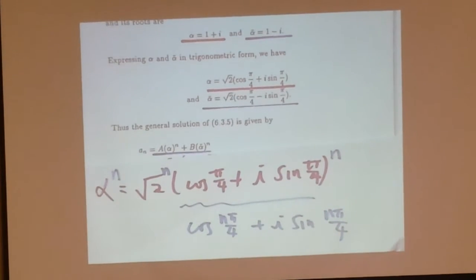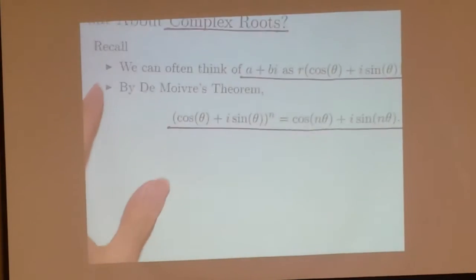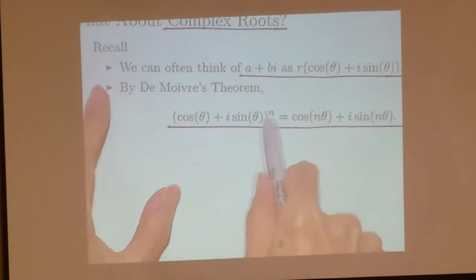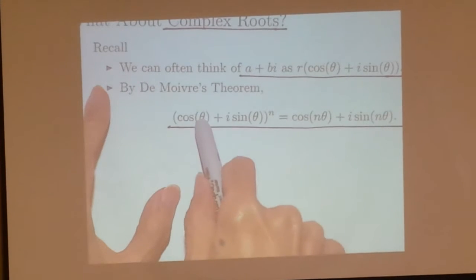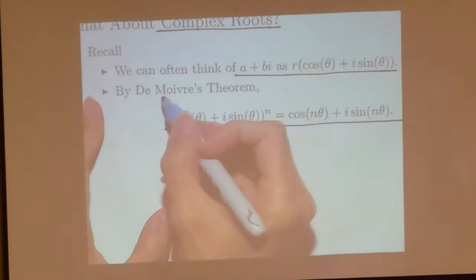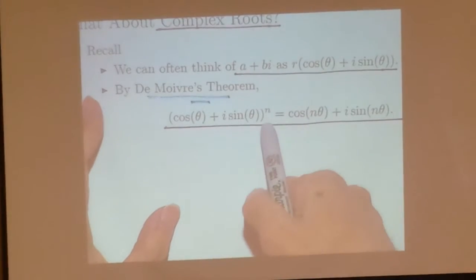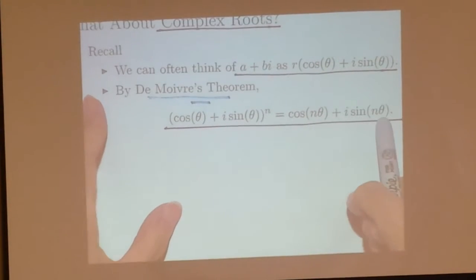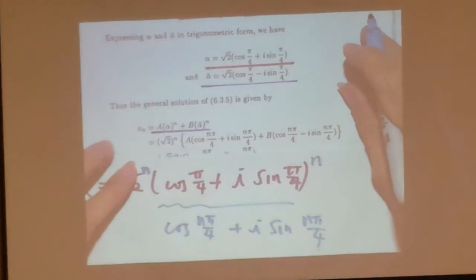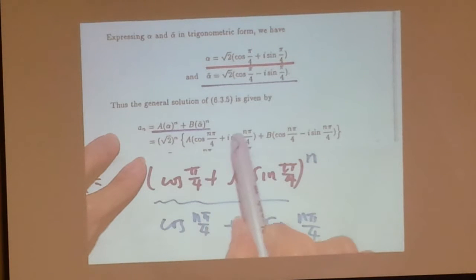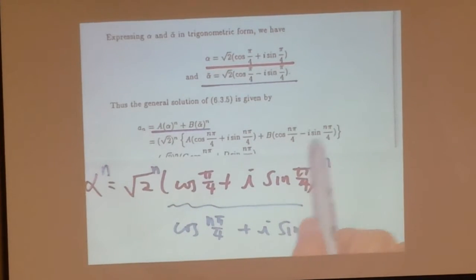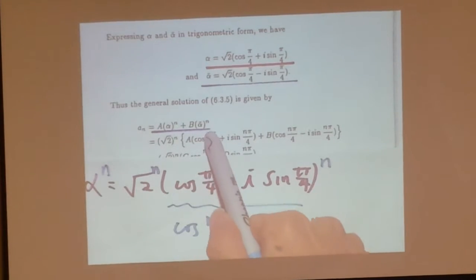If we use this theorem, cosine theta plus I sine theta power n, you just multiply the angle theta by n. So you use this theorem to go from power n to cosine n theta plus I sine n theta, and that's how you end up with cosine n pi over 4 plus I sine n pi over 4. Same thing for the other term, alpha bar, the conjugate.